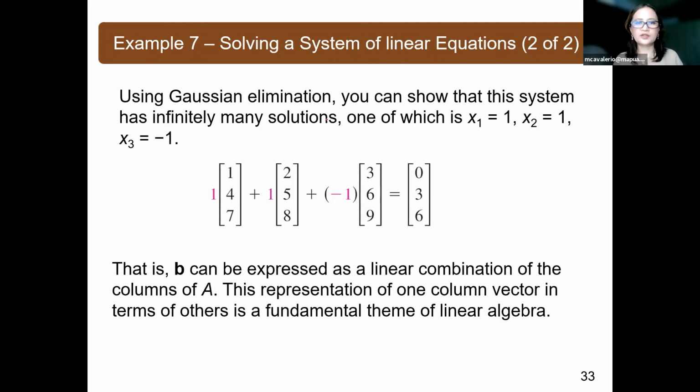Using Gaussian elimination, you can show that the system has infinitely many solutions, and one of the solutions is 1 for x sub 1, 1 for x sub 2, and negative 1 for x sub 3.